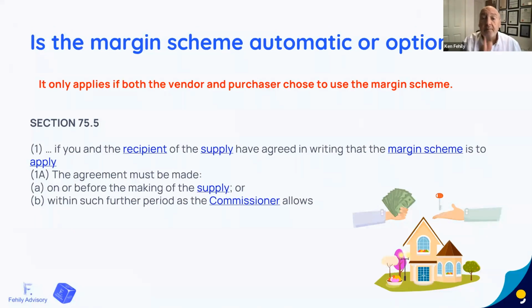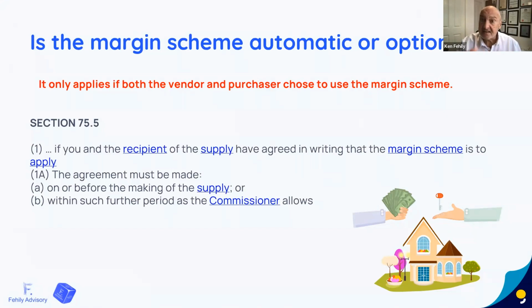Interestingly, though, the Commissioner does have the power. There's a PSLA, Practice Statement Law Administration, where the Commissioner can give you permission to extend the time, but he doesn't have the discretion to treat it as electing to use the margin scheme. He does have the discretion in certain circumstances to allow me, the vendor, and you, the purchaser, extra time.